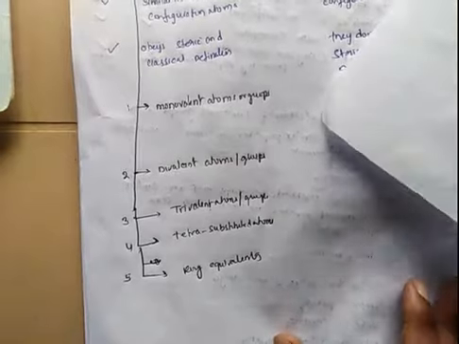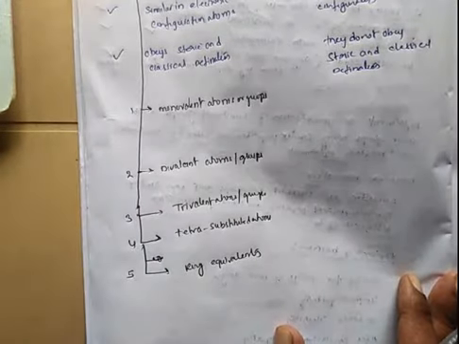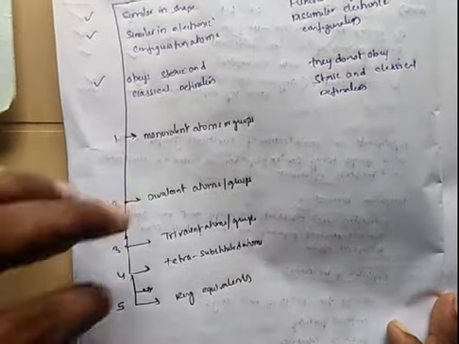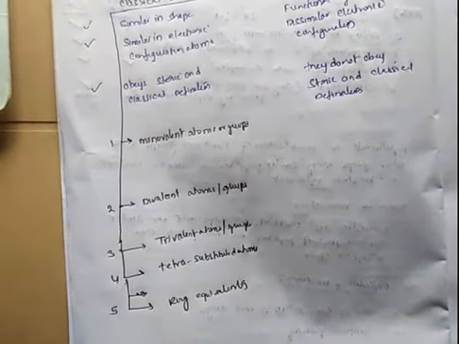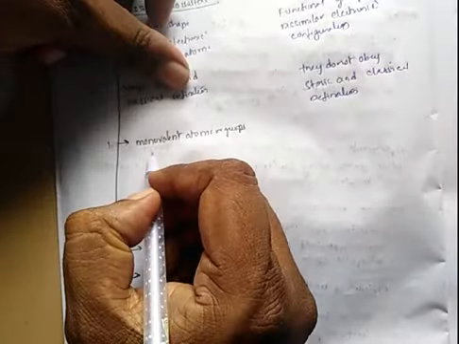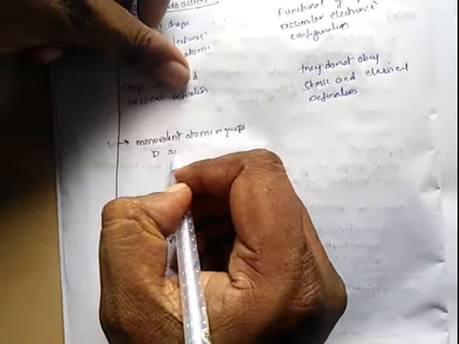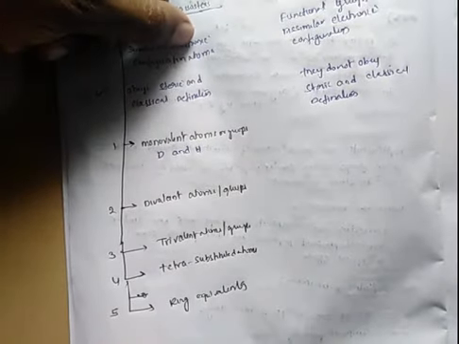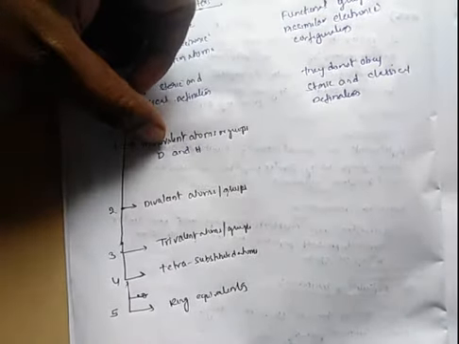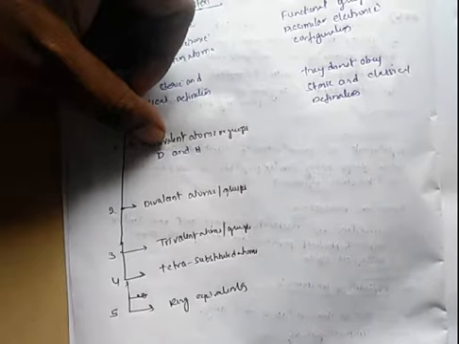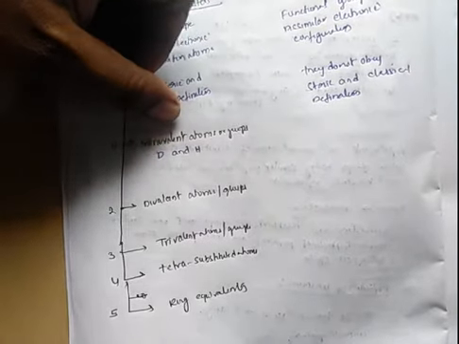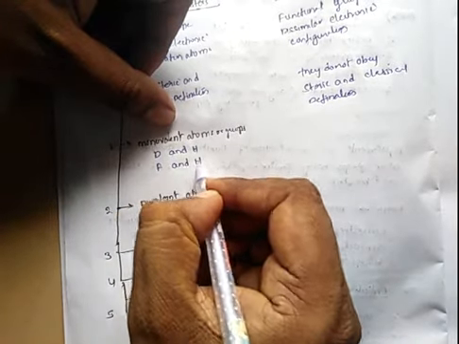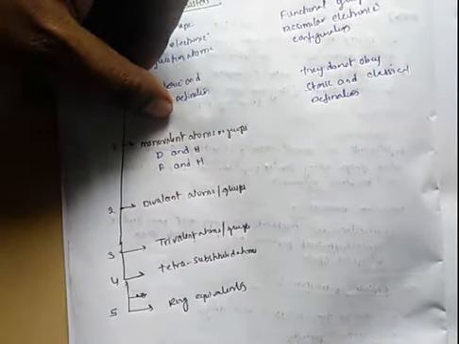Coming to the examples for monovalent atoms or groups: deuterium and hydrogen. We can replace hydrogen with deuterium, and the drug doesn't get any adverse effects. We can also replace fluorine and hydrogen.